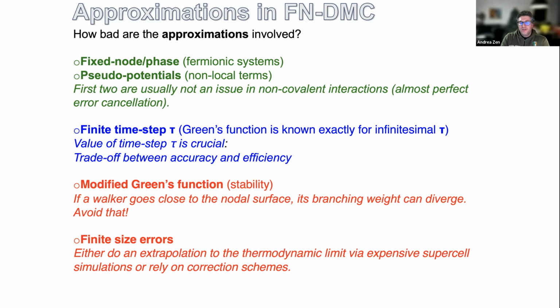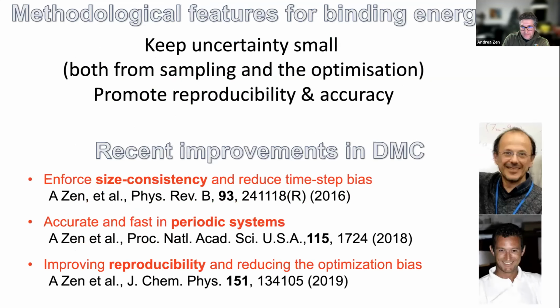But it might be that in the systems that we consider here, this is not the case. The main challenge in large systems is to keep the uncertainty small, and so to not be killed by the optimization.